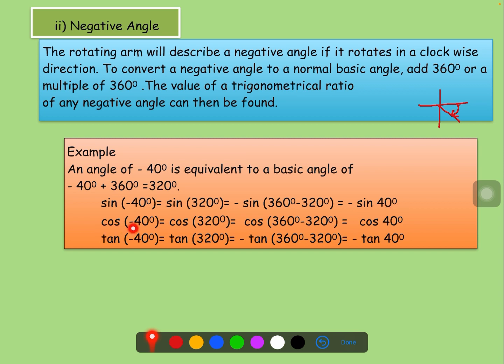For cos minus 40 degrees equals cos 320 equals cos of 360 minus 320 equals cos 40. Tangent minus 40 degrees equals tangent 320 degrees equals minus tangent of 360 degrees minus 320 degrees, equals minus tangent 40 degrees.